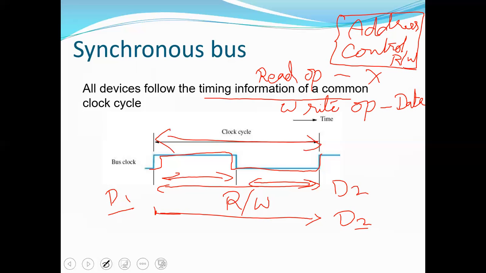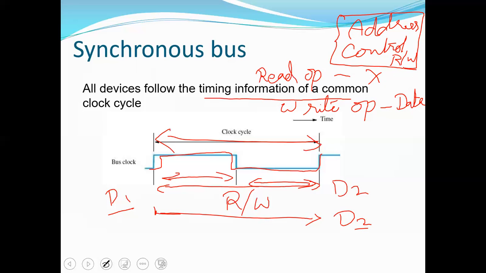Okay, the initiator has decided with whom it wants to communicate. The initiator has decided who is the slave. Okay, and so the slave's address is passed through the address bus. Okay, and the operation that has to be done is passed through the control signal bus.